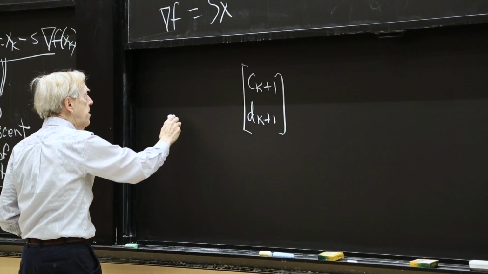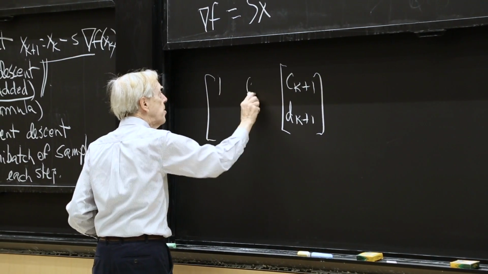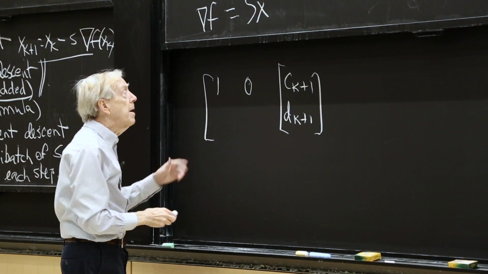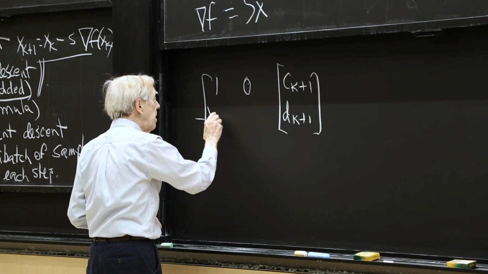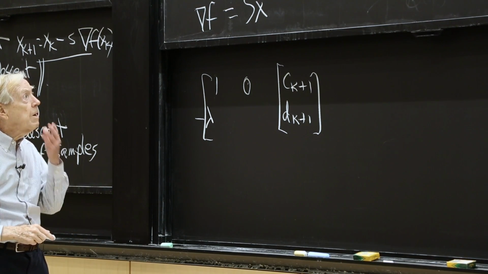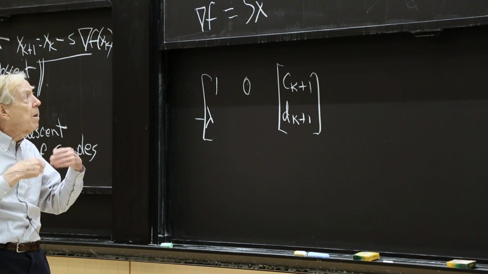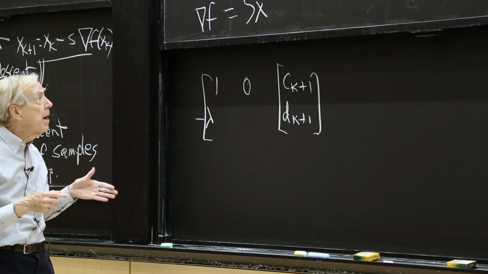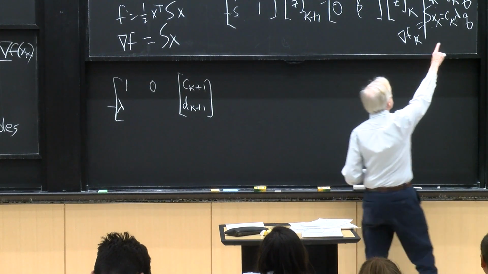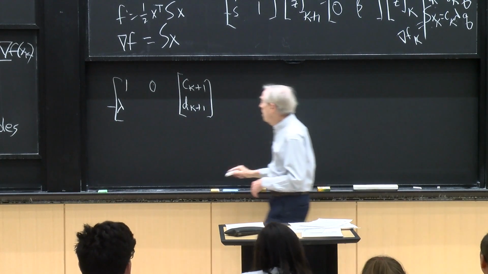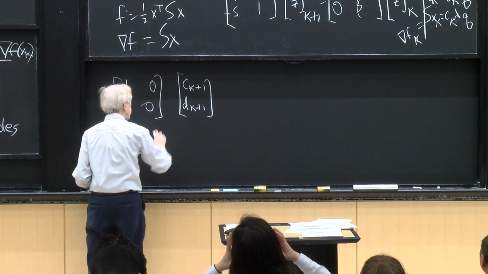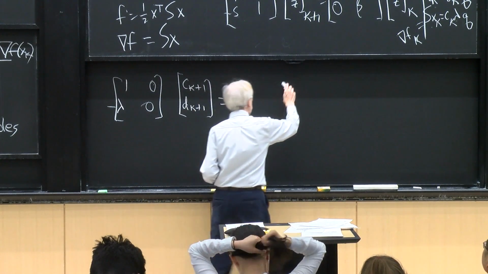Then what I really meant to have there is 1, 0, and the minus s is a minus lambda. Is that right? Yeah, when I multiply the eigenvector by S, I'm just getting a lambda times the ck. That's good. I think that's the left-hand side of my equation.